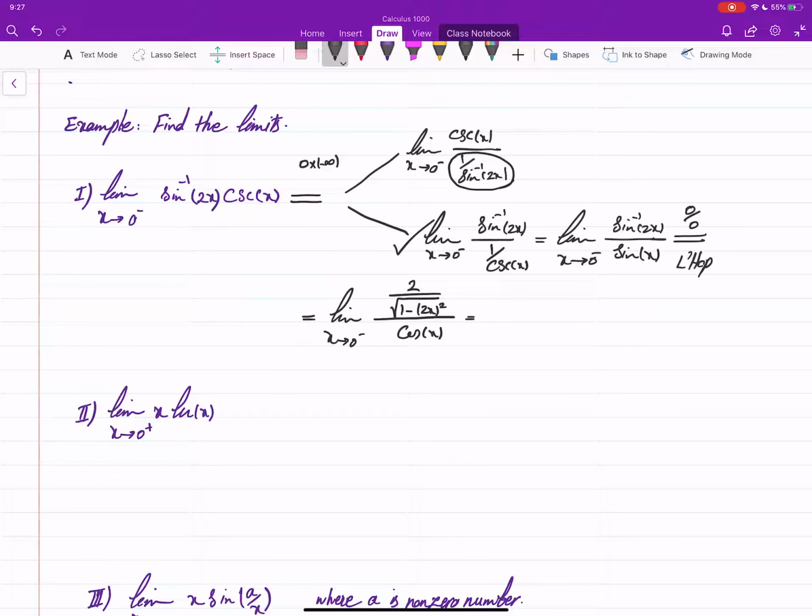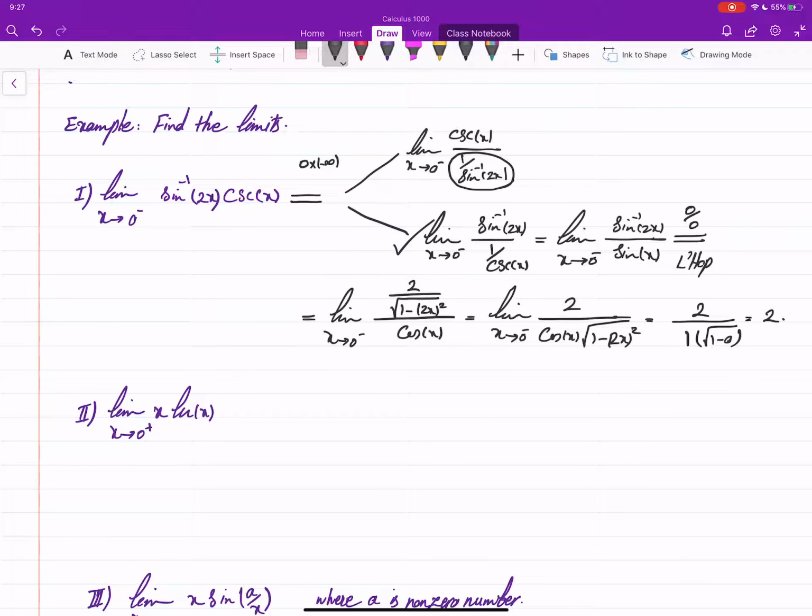Now, when you let x go to 0, right away you see that the limit of the denominator is 1 times 1 minus 0, which is 1, and the numerator is 2. So the limit is equal to 2.